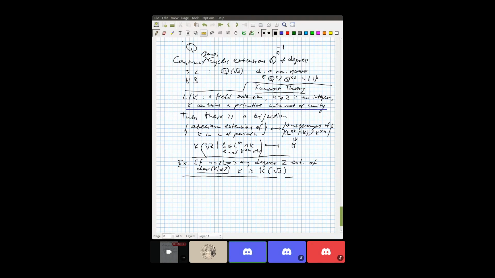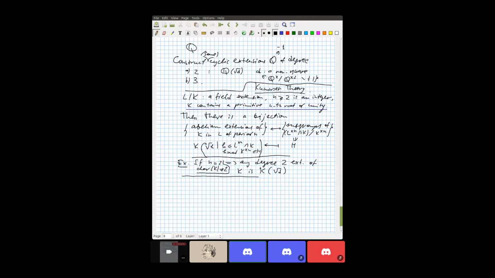But anyway, you can try to reduce somehow to this situation. So what do you think of this? The question: how to construct at least one cyclic extension of Q of degree 3.